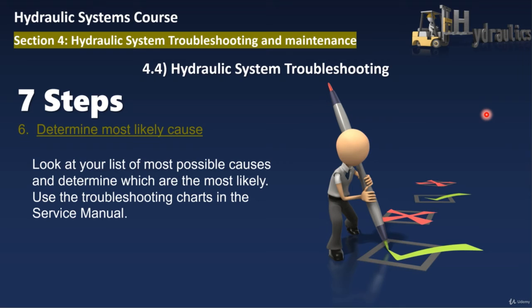Look at your list of possible causes and determine which are the most likely. Use the troubleshooting charts in the service manual. In any service manual you will find a troubleshooting chart. Also, you can verify with the manufacturer's recommendations or manual. They give you some information related to troubleshooting in case you observe something going wrong.